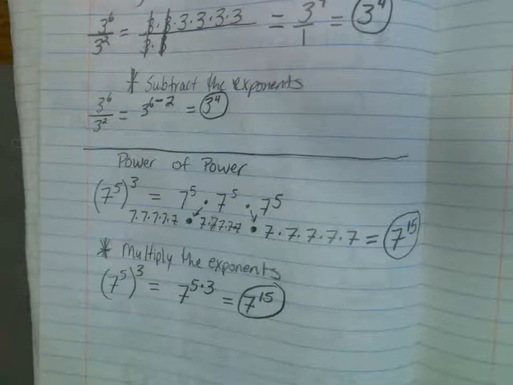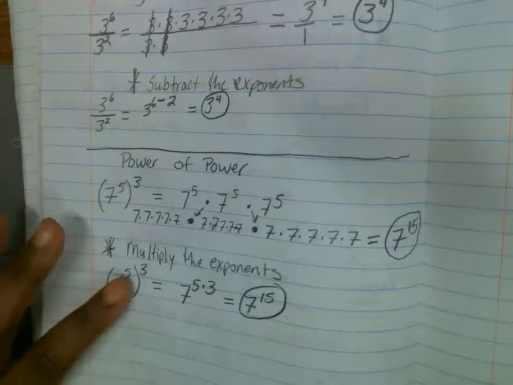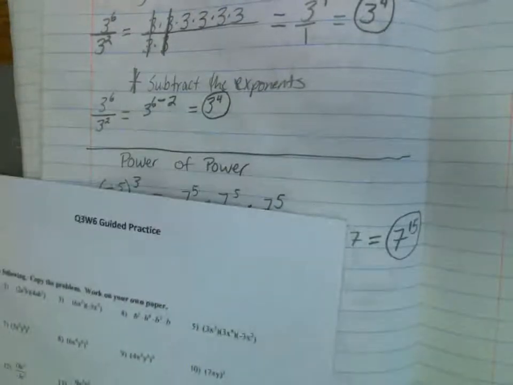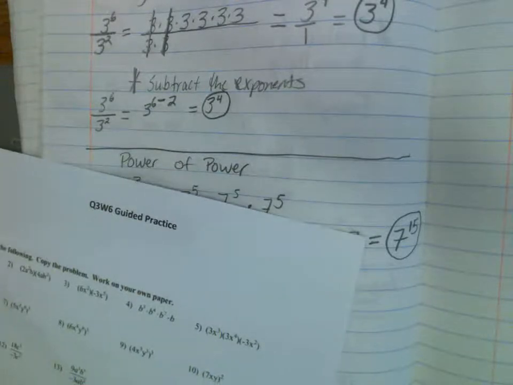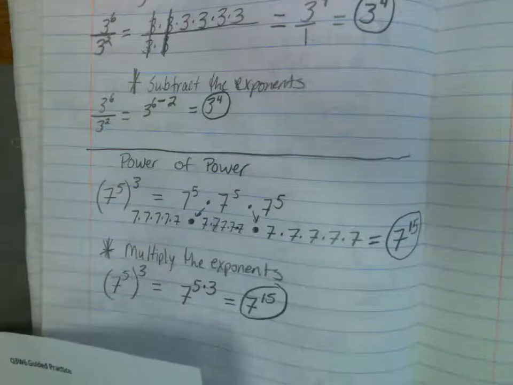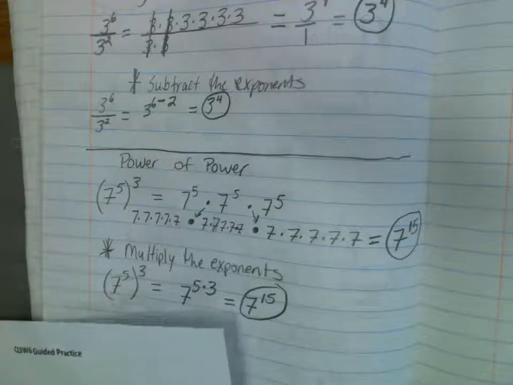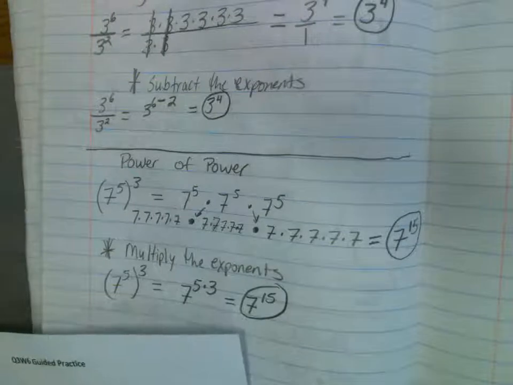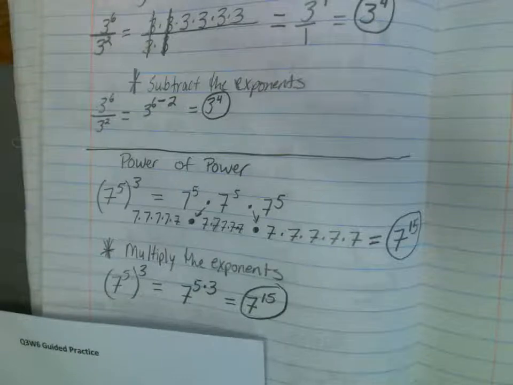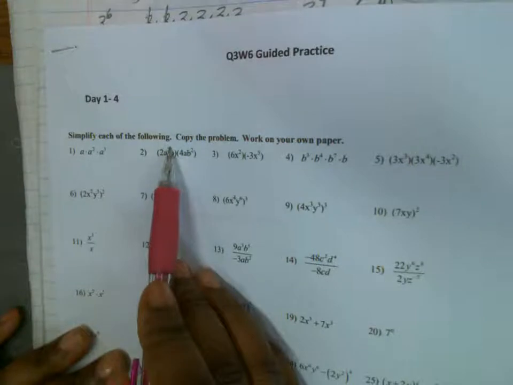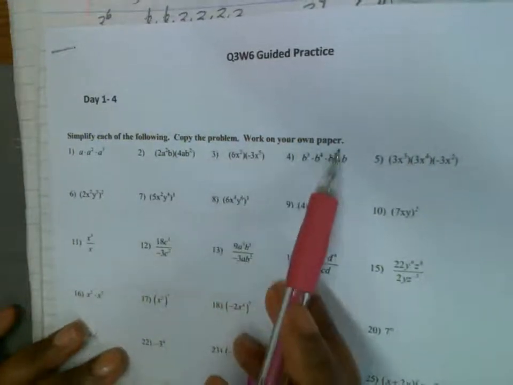Okay? And I'll pause here. All right, so now we're going to do some guided practice problems. I'm going to go to my guided practice sheet. You're going to have to do this on a separate sheet this time, because this right here is saying, simplify the following, copy the problem, and work on a separate sheet.